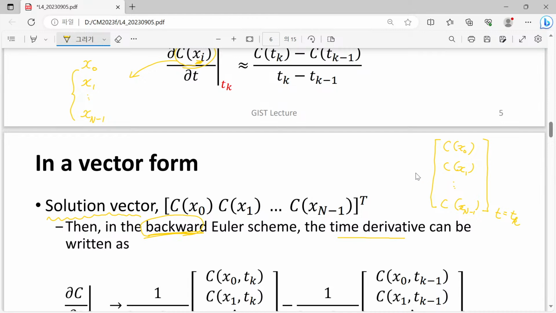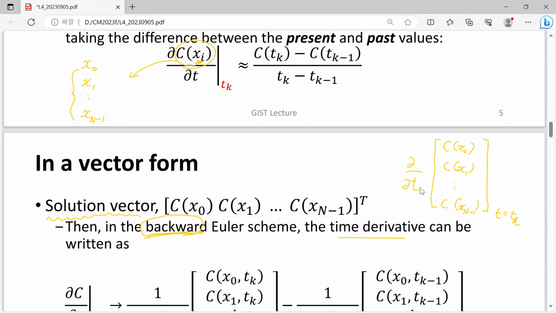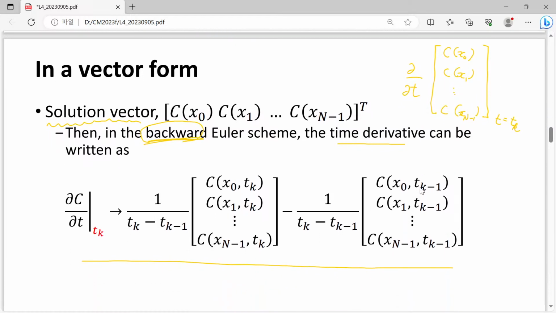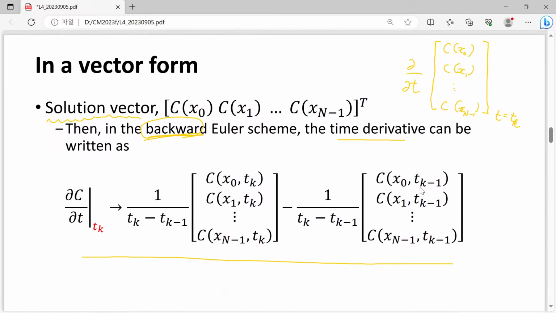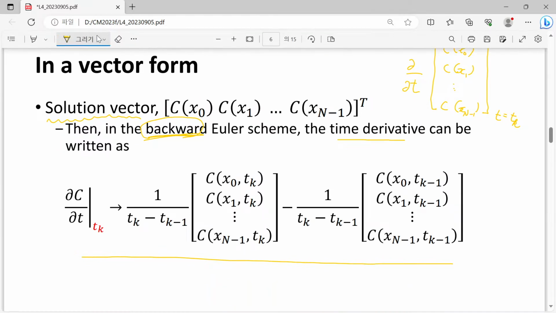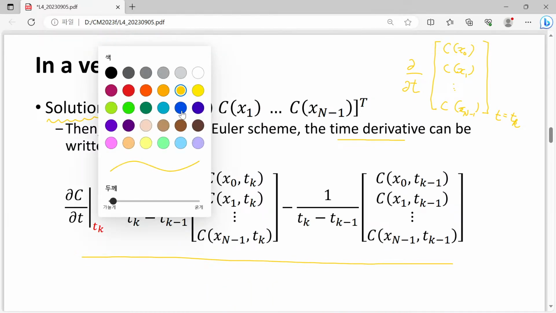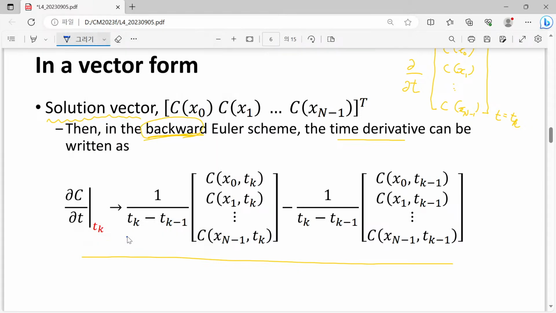So if we wanted to calculate the time derivative of this discretized vector, then what we have to do is take the backward-Euler scheme. If you remember, the backward-Euler scheme just takes the time difference between the present value and the past value.